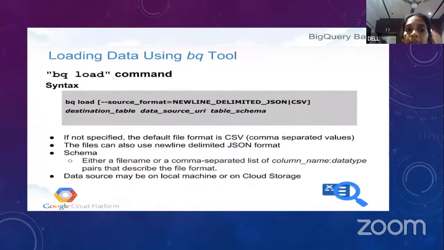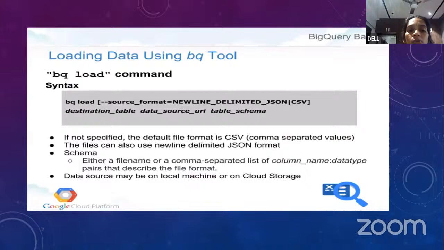Previously, we mentioned the web browser. Now we are discussing the command line using the bq tool. If we don't want to use the web browser, then you can open the command line and enter this command. It will take you directly into BigQuery. If not specified, the default file format is CSV.